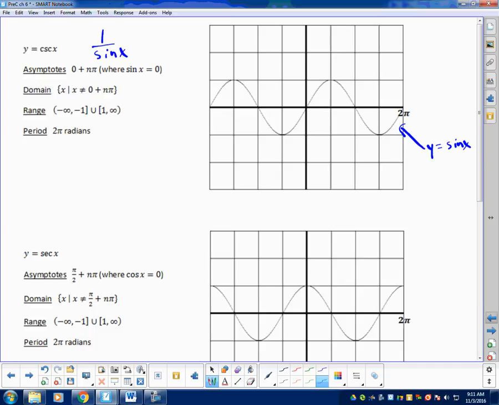And then all you need to do is find where sine of x equals 0. So right here, and right here, and right here, right here, and right here. So anywhere where it's crossing through the x-axis, sine of x is 0. Those are your asymptotes.